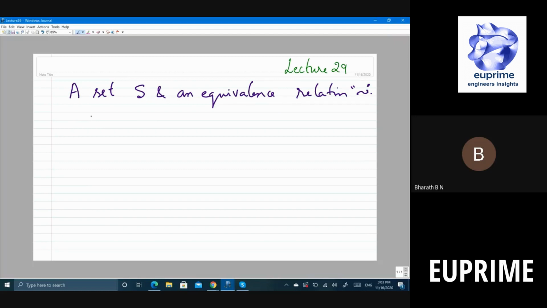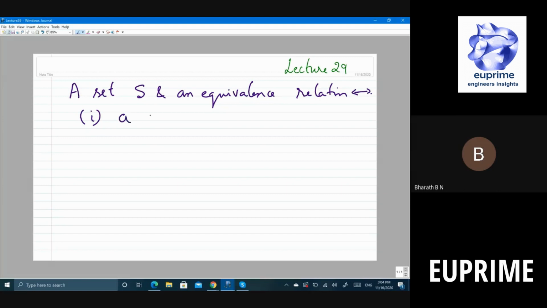So what are the properties of this equivalence relation? You take any two sets, so you can either say A is related to B or not. So let me put that in the context of itself. What are the properties?